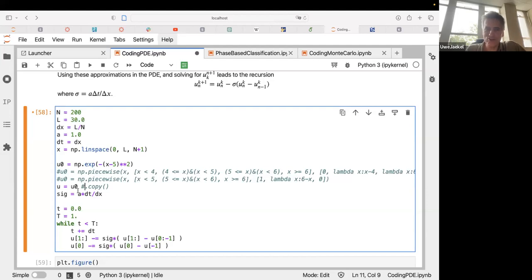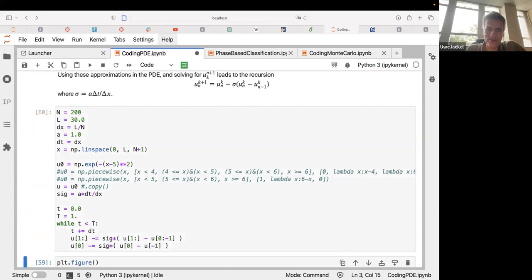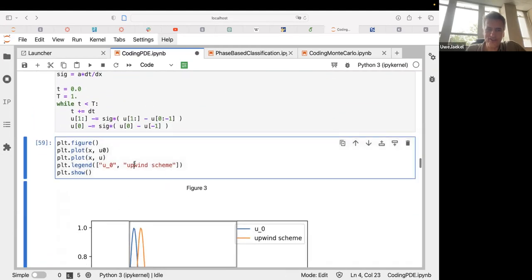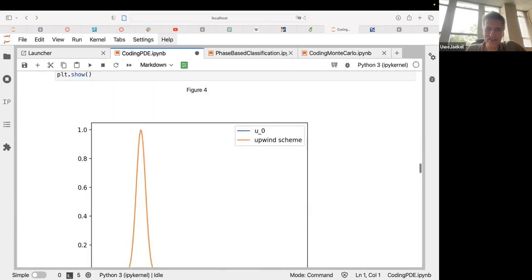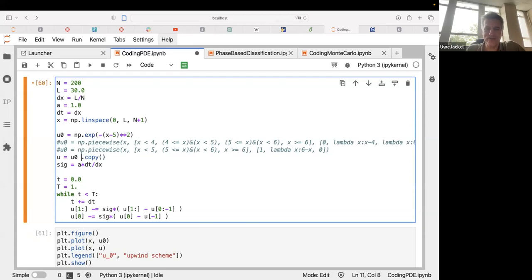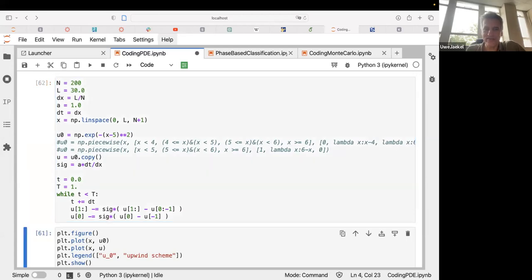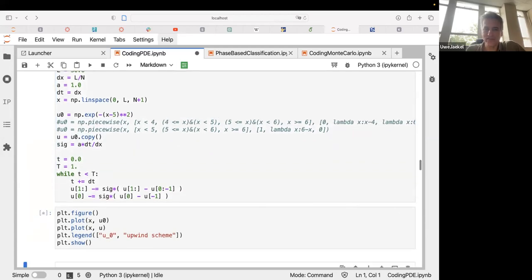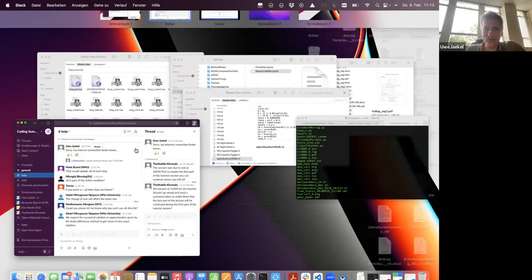And that means when I overwrite something in U, I will overwrite also U0. And then it would look like this. You see, then both are the same. In order to save the solution, I have to make U0 a copy. I hope this answers the question.